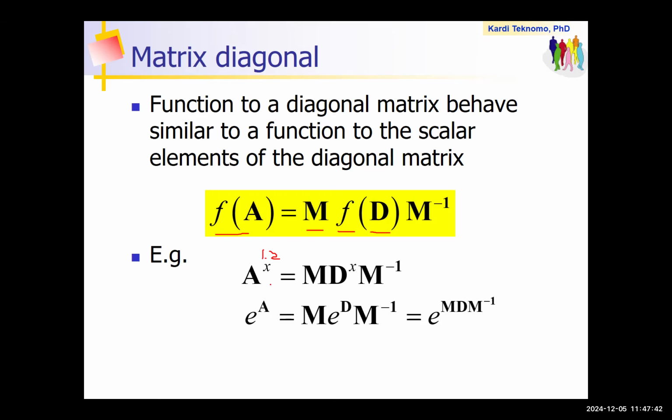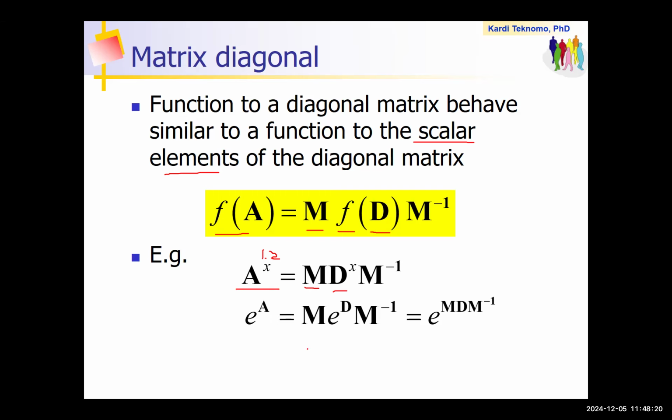And then it is the diagonal that you raise to the power of 1.2. The exponent of a diagonal matrix is exactly like a scalar, like the scalar elements. So you raise to 1.2, as simple as that. And then you multiply back, and you will get A exponent 1.2.